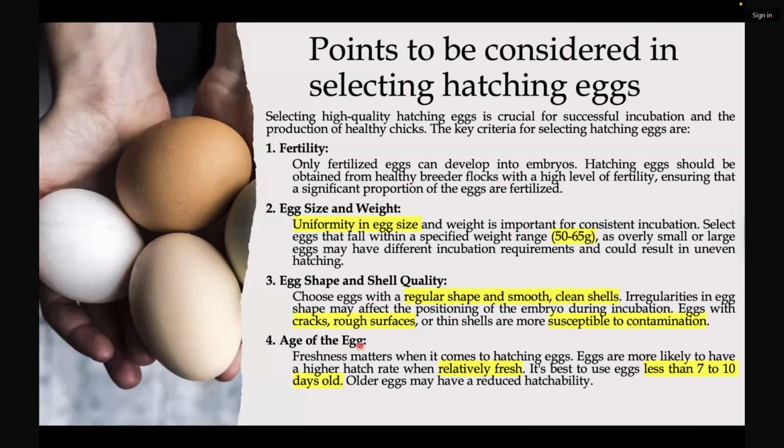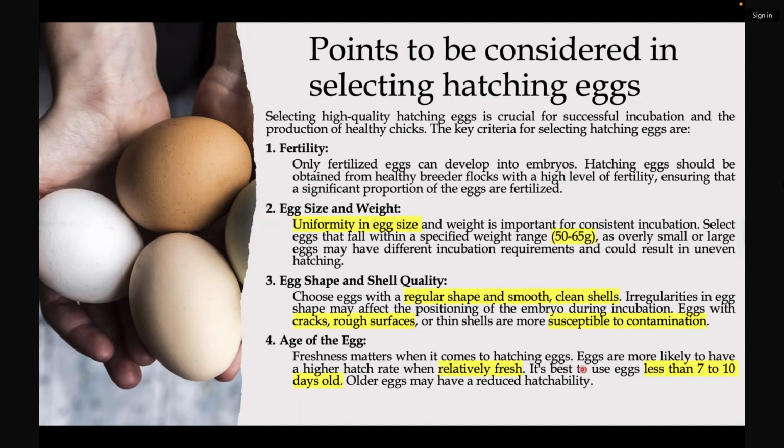Age of the egg. Many times we have confusion about the age of eggs, how long we can store the eggs before we put them into the incubator. The answer is that it is best to use eggs less than 7 to 10 days old. So the eggs can be stored for 7 to 10 days after being laid by the birds.